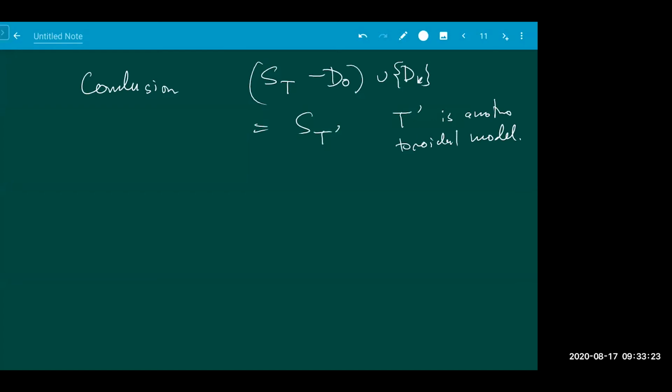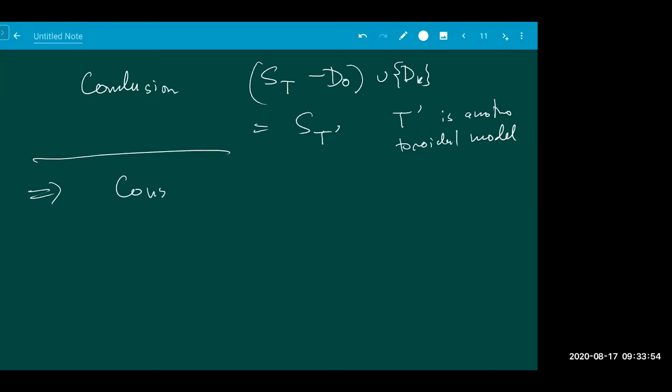Yeah, so the whole story one can rephrase in the following way. So we have a conclusion from all this picture, which is the following.